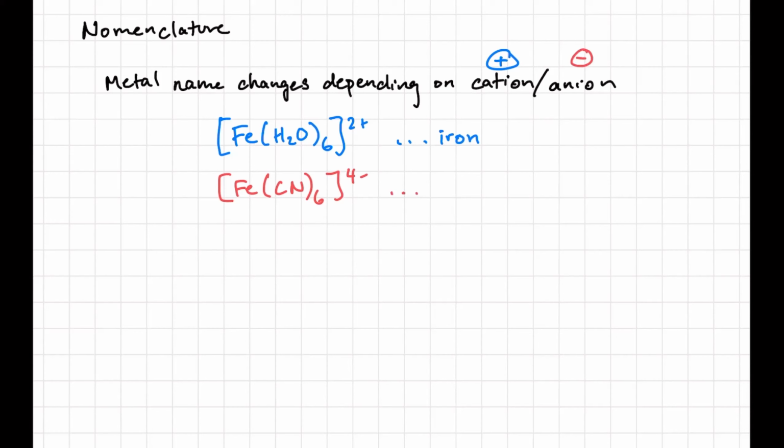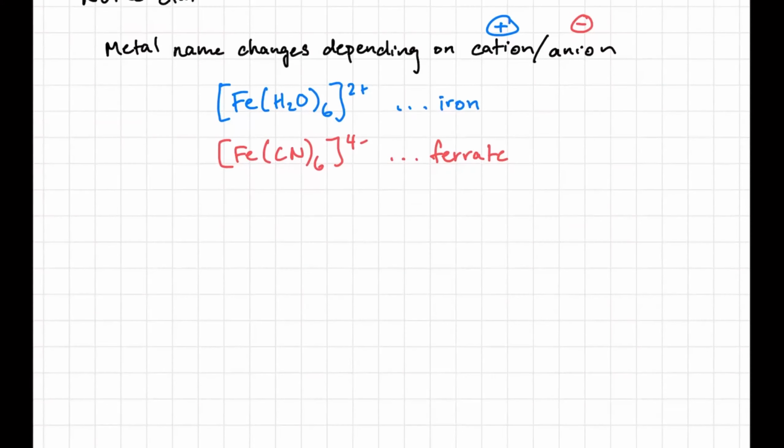And so in this case, it would be changed to ferrate. I don't know if it's the Latin or Greek or Roman or whatever, but you just have to change it. And several elements do this, and some don't. The main thing with anions is you have to change if necessary, but you also need to add the suffix -ate.